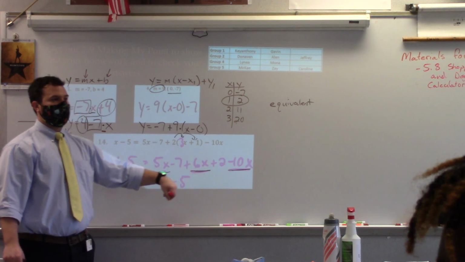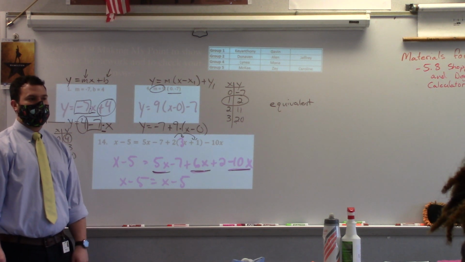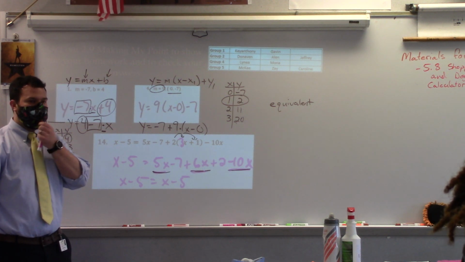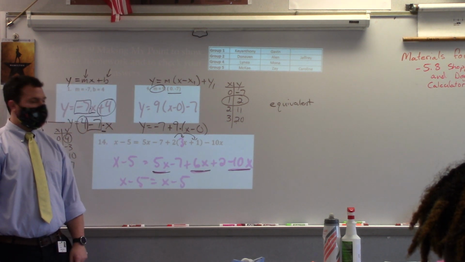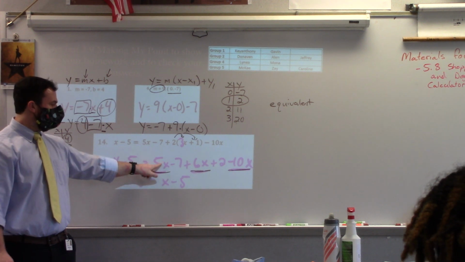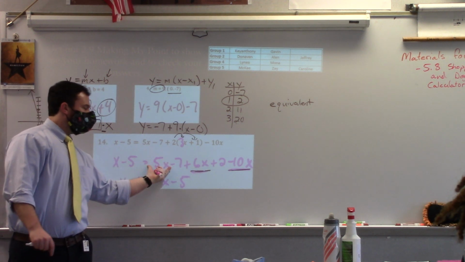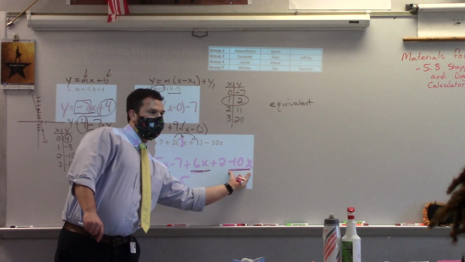I'm repeatedly adding 6 x's. So if I have 5 x's and I add 6 more x's, how many x's do I have? I've got 11 x's. Then I'm taking away 10 x's. So how many x's do I have? 1x. That's what we mean when we say 5x plus 6x. I'm repeatedly adding 5 x's. I'm repeatedly adding 6 x's. I'm repeatedly taking away 10 x's.